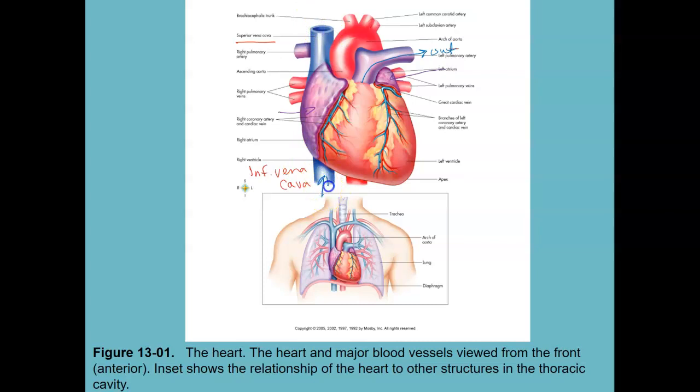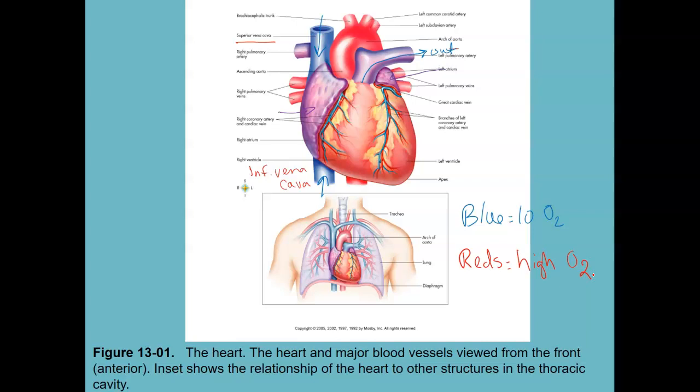The vena cava is both superior and inferior. They contain low oxygen blood. So blue equals low oxygen, okay? The red for the rest of the slides are going to be high oxygen containing blood, okay?